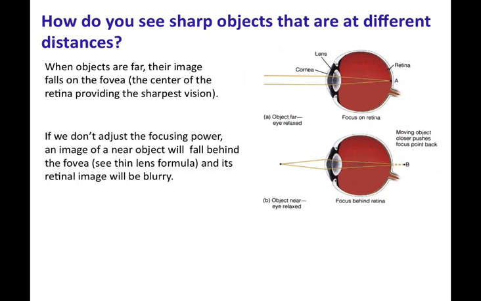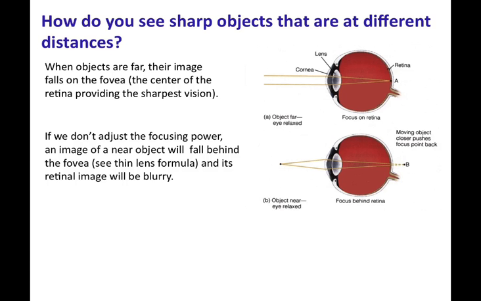Just to illustrate my point, suppose point B is where Manuel is sitting. He's sitting close to me, not at infinity. Because of the laws of physics, there is a focusing power. If it wouldn't change, the distance where I would get a sharp image of point B is going to be behind my retina. And if I look at the retina, instead of a single point of B, I will have some sort of blurry image because it will activate some range of photoreceptors on my retina.